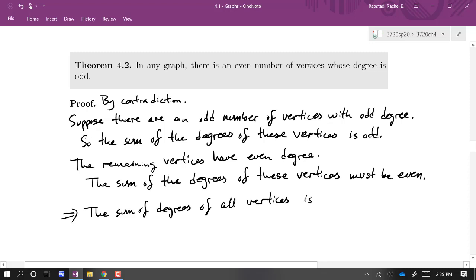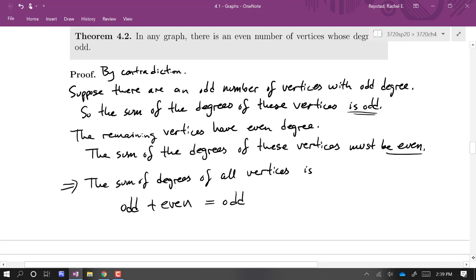I take the sum of the degrees of these vertices with odd degree. We said the sum of those degrees is odd. And then the sum of the degrees of the remaining vertices is even. So when I add up the degrees of all the vertices, we have an odd plus an even, and that is an odd number, and that contradicts theorem 4.1. And that means that there must be an even number of vertices with odd degree.